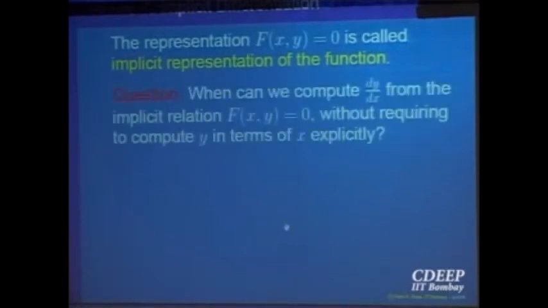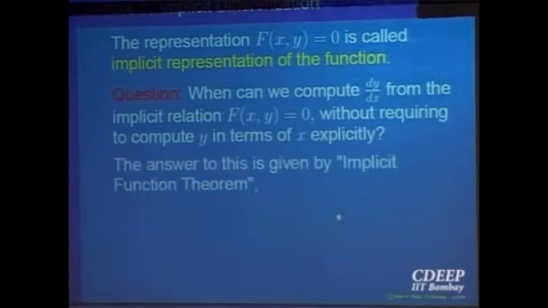So naturally a question arises: if you are given two variables x and y related implicitly by some equation, then when can you determine dy by dx, the rate of change of one with respect to the other? To answer this question precisely, one has to know what is called the implicit function theorem, which is a theorem about functions of two variables.